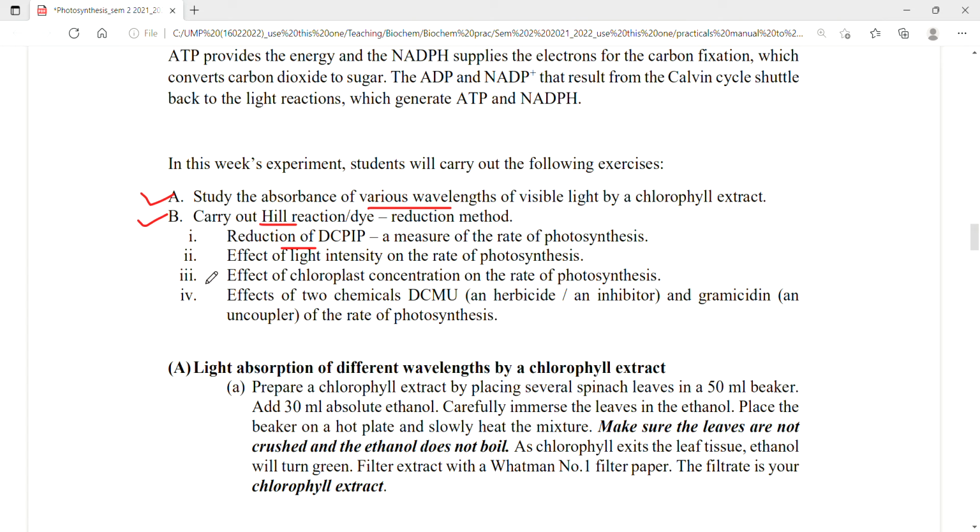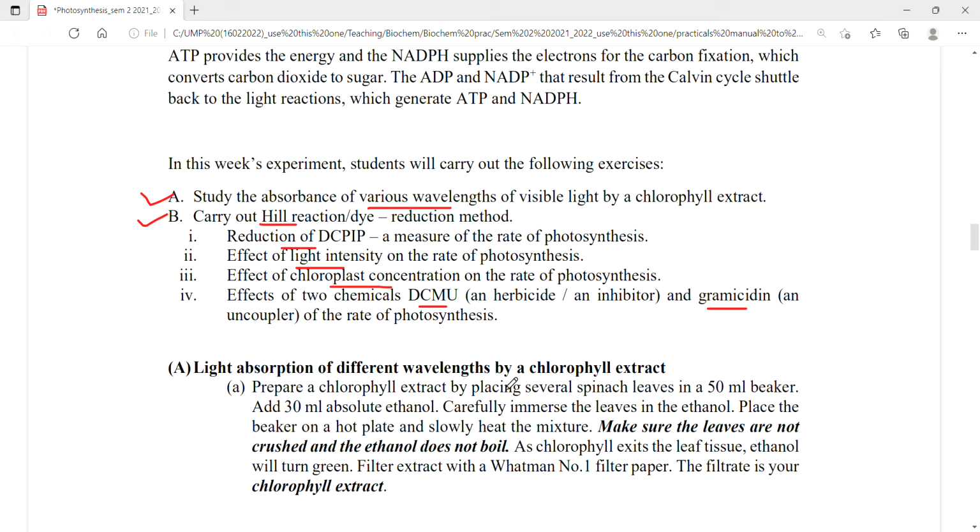Okay, and then we're also going to see whether light intensity is important for the rate of photosynthesis. This is followed by what happens if we increase the chloroplast concentration from low to high, whether it has any effect on the rate of photosynthesis, and also DCMU and gramicidin. We're going to look into an inhibitor, what it inhibits, go and find out.